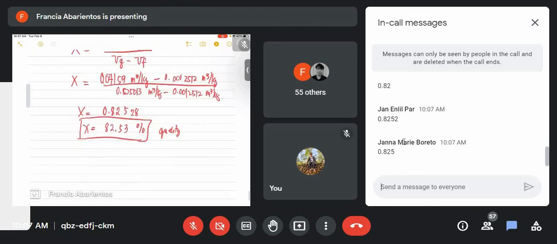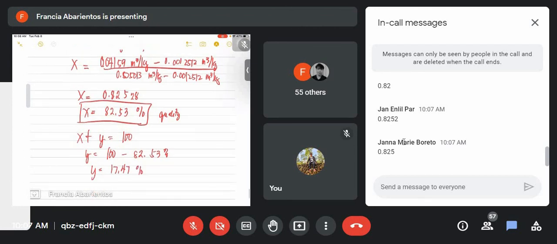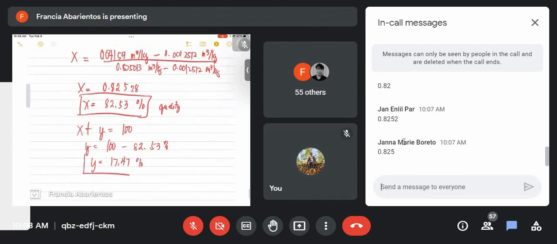To get the percent moisture, y equals 100 minus 82.53%, so your percent moisture is 17.47%.